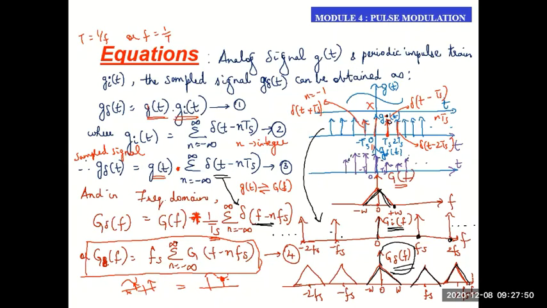How do we get this? We get this using the sifting or sampling property, which tells us the convolution of any given signal with an impulse will be that signal existing wherever the impulse exists. So this G of f convolved with this impulse train becomes G of f minus nFs. And this is how the waveforms look.